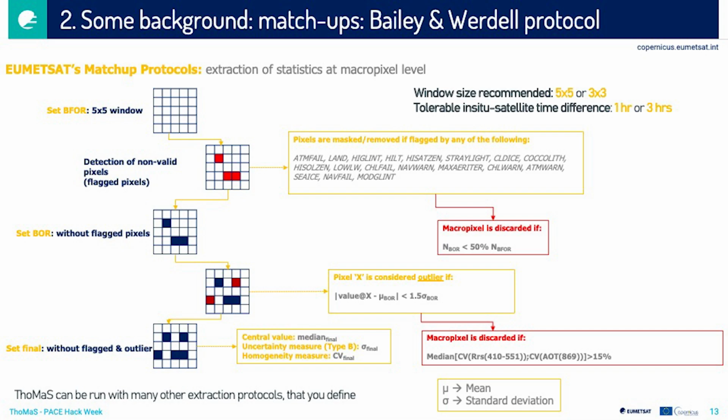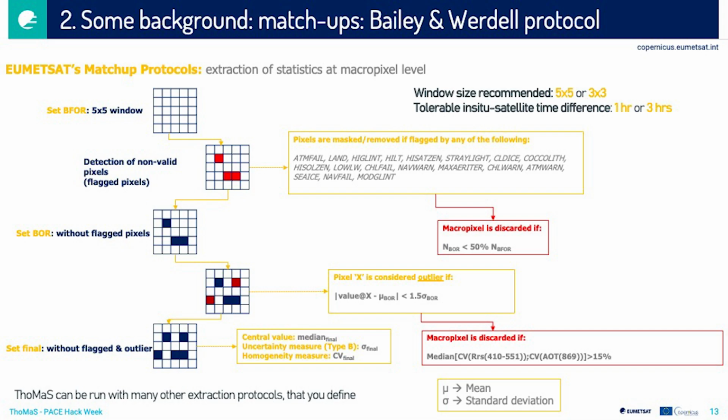And then there is an outlier detection. And so some going outside of, let's say, the histogram of the macro pixel, those are discarded. And then there is this screening according to the coefficient of variation of Rrs and AOT. If it's larger than 15% in this particular matchup protocol, then the window is discarded.